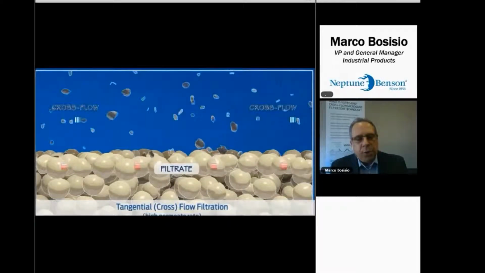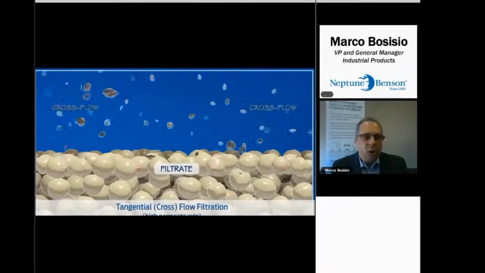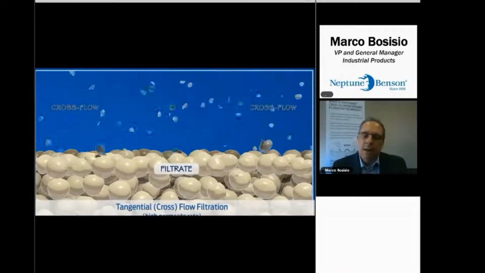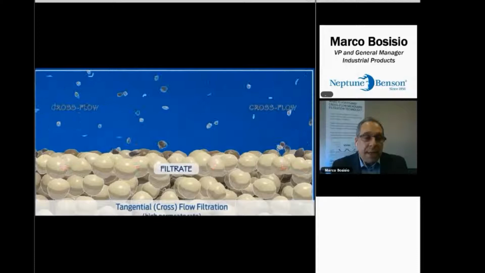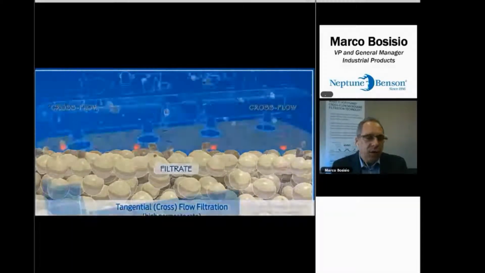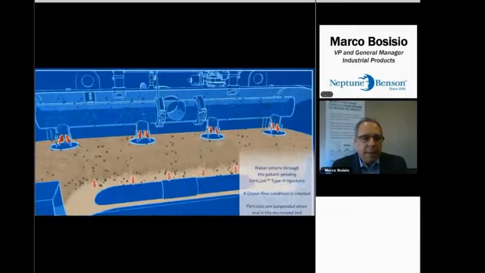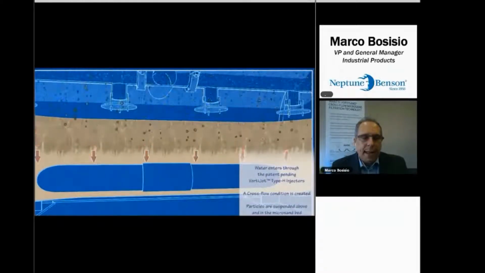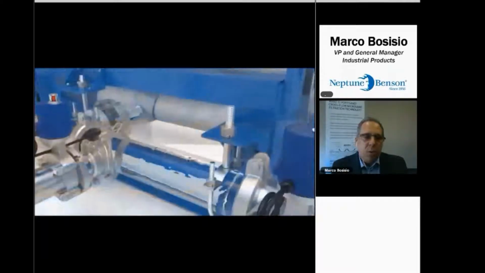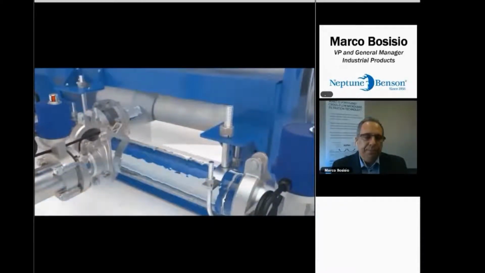You remember during Rick's presentation, we talked about a cross-flow system for the membrane. We do exactly the same thing. With media that is very, very fine, we use microsand, and by doing so, we're able to use the full power of the cross-flow and being able to filter down to sub-micron particles.